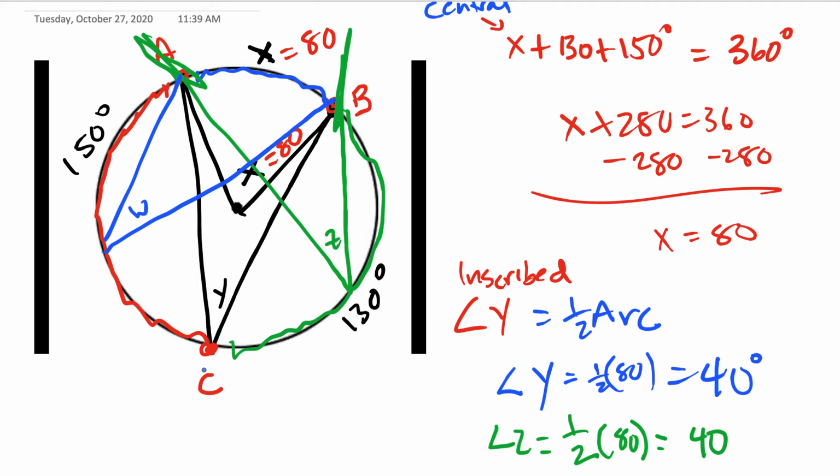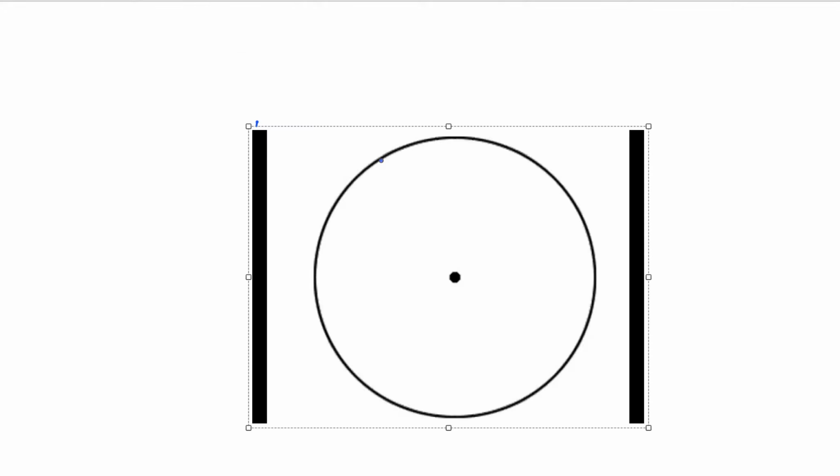Okay, the last type is interesting. It's a quadrilateral, which is a four-sided shape inside of a circle. So let me move that back up.